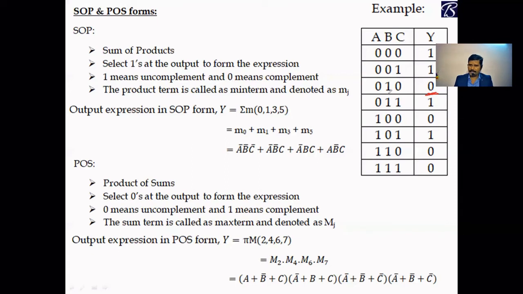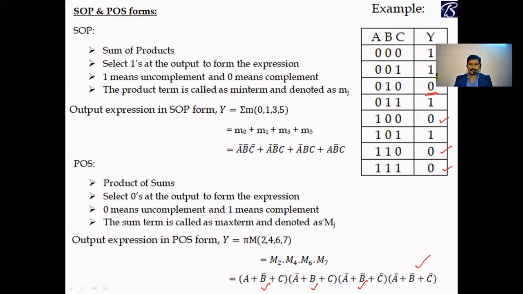So M2 is A plus B bar plus C, and M4 is A bar plus B plus C, and M6 is A bar plus B bar plus C, and lastly M7 is A bar plus B bar plus C bar.